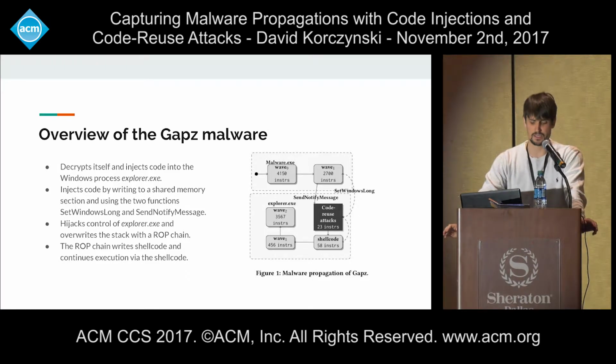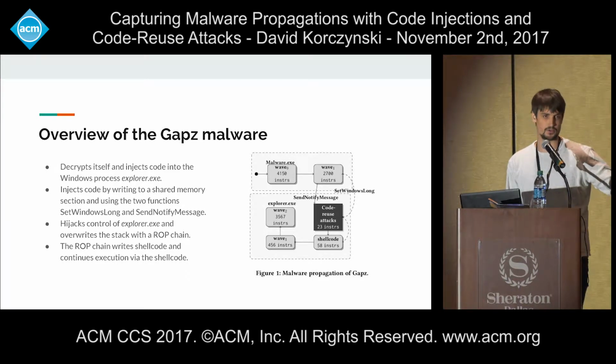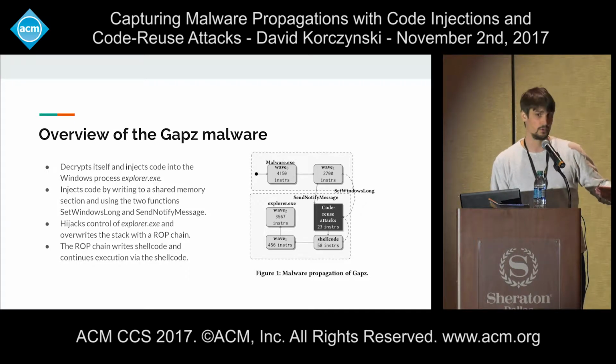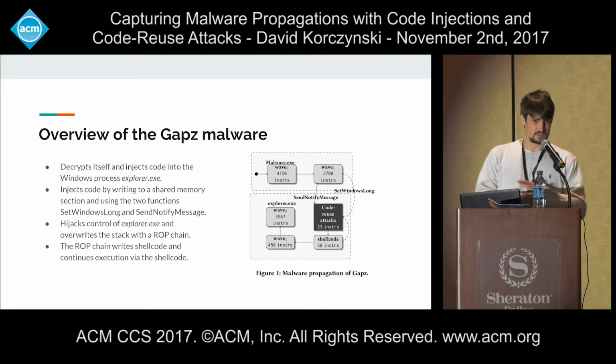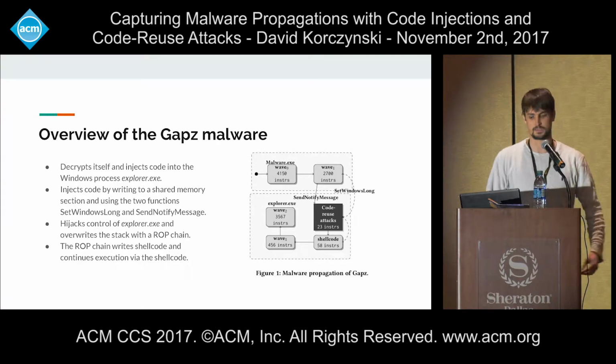The way the malware injects into explorer.exe is by using the API call SendNotifyMessage, and it also overwrites a bunch of function pointers in explorer.exe using the API call SetWindowLong. So this is very different from just having a CreateRemoteThread in a different process or something like that.